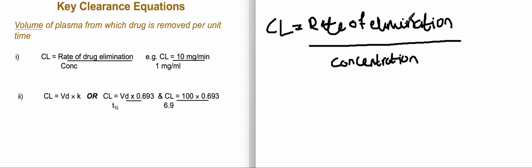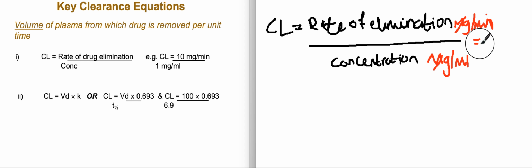Rate of elimination is usually given in milligrams per minute, and concentration is given in milligrams per mil. So when you cancel these two out, you end up getting mil per minute.